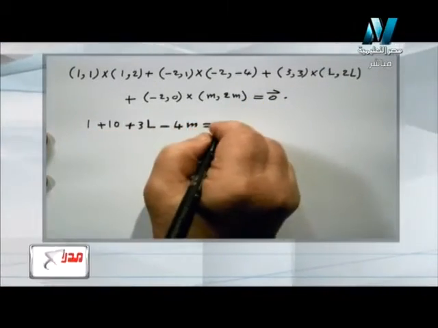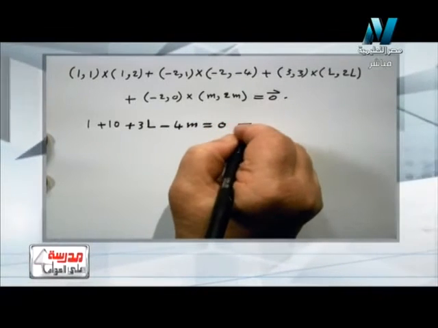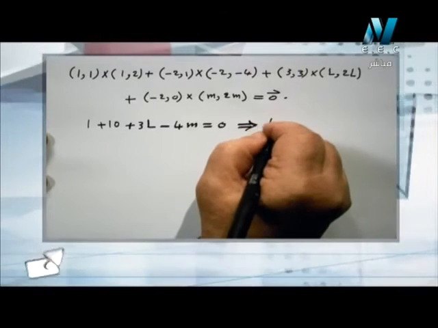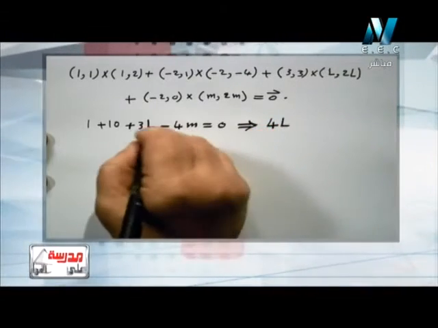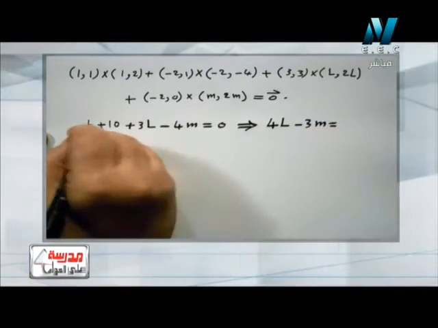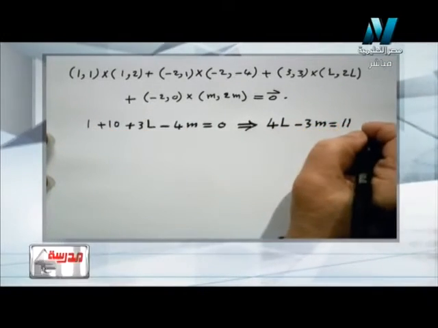Taking the norm, it equals 0. From here equation number 2 is 4L minus 3M equal 10 plus 1, 11. This is equation number 2.